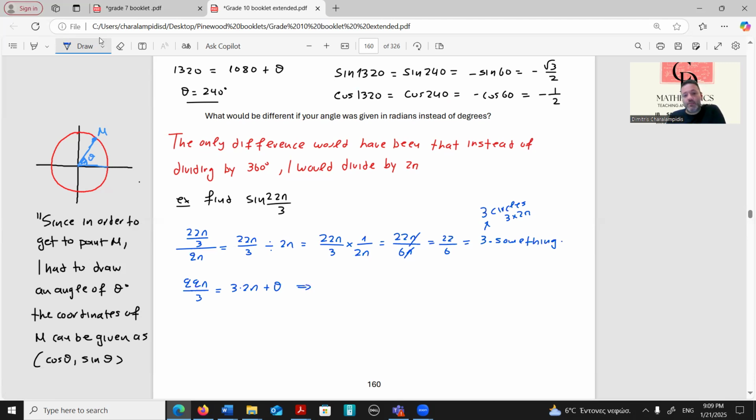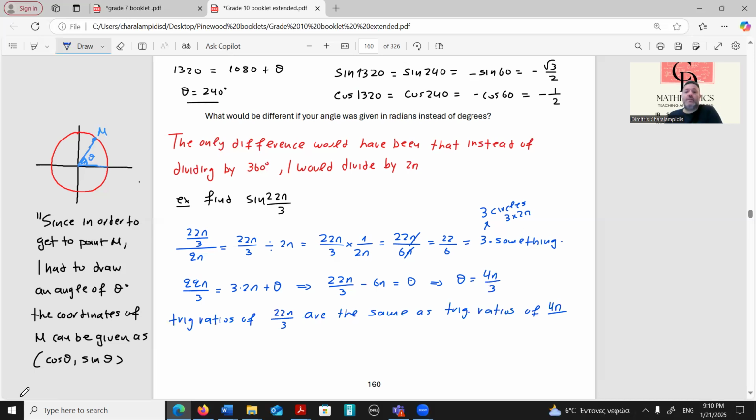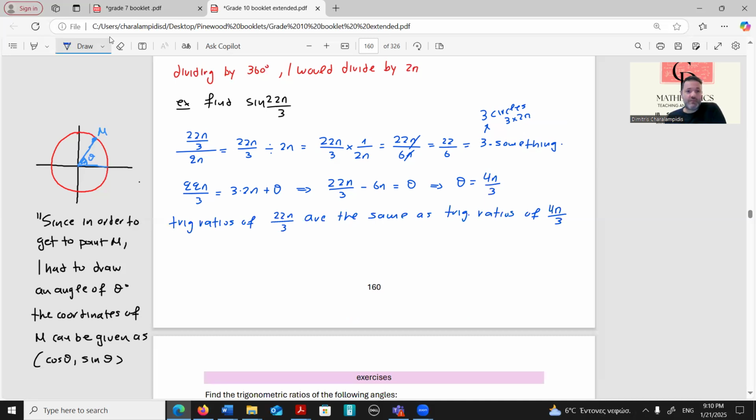From here, we end up with 22 pi thirds minus 6 pi equals theta, which means that theta should be 4 pi thirds, which now means that the trig ratios of 22 pi thirds are the same as the trig ratios of 4 pi thirds. So I basically need to find those ones.